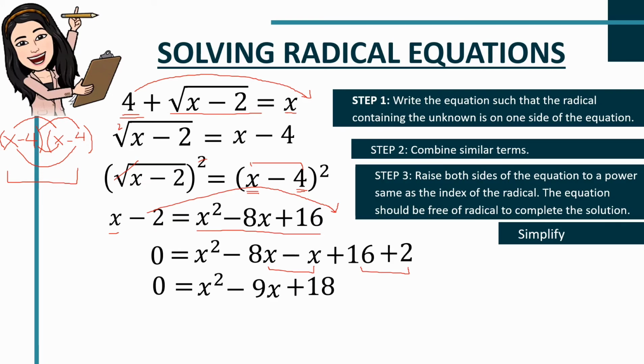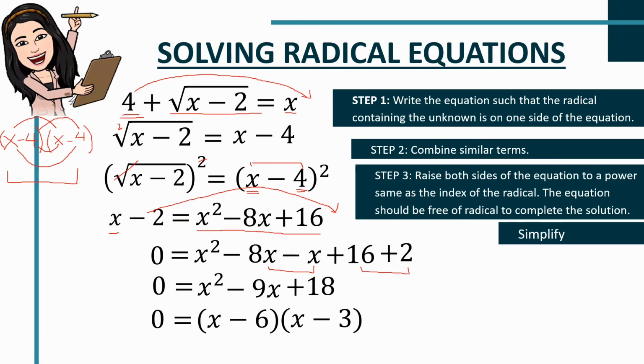Okay, we have, pwede tayong mag-factoring, extracting, completing, and quadratic formula. It's up to you kung alin ang ating gagamitin. So this time, as for me, I will use factoring. In factoring, ang factors po ng x squared minus 9x plus 18 ay x minus 6 times x minus 3. Yan po yung factors niya.